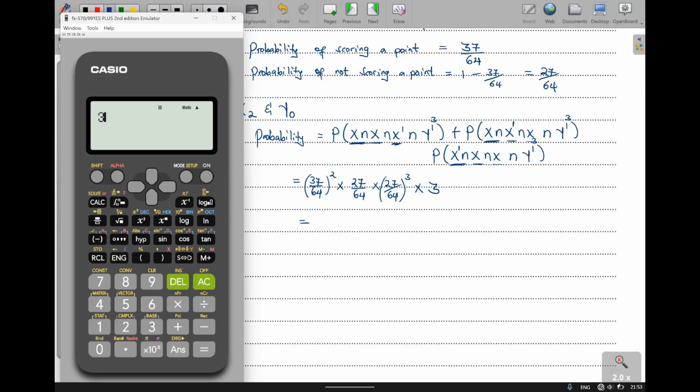So we have 3 times 37 out of 64. Then I square it. Then times, I'm actually going to put 27 over 64 to the power of 4.